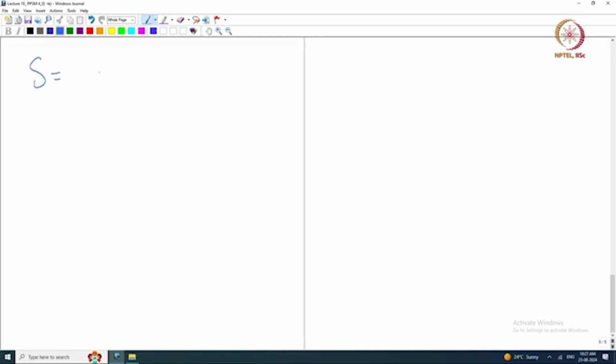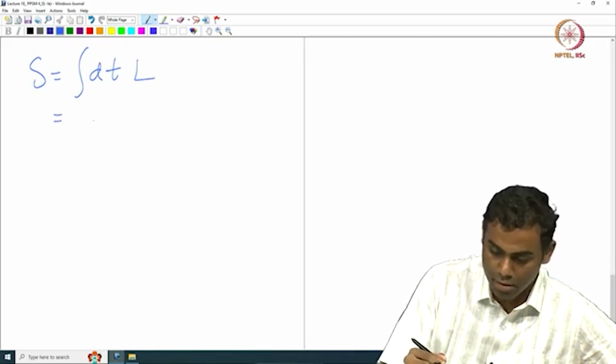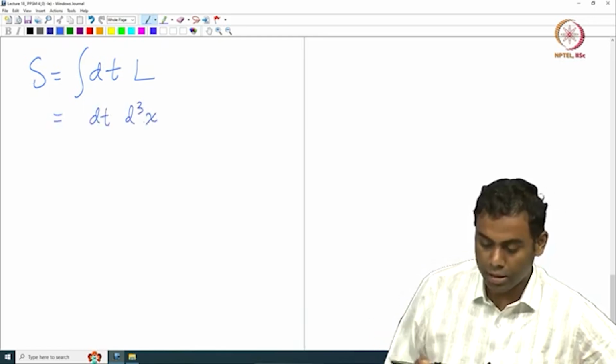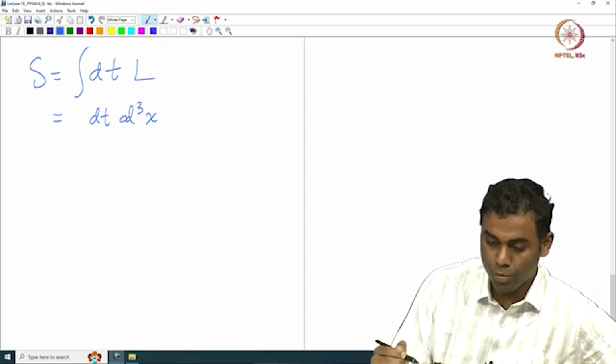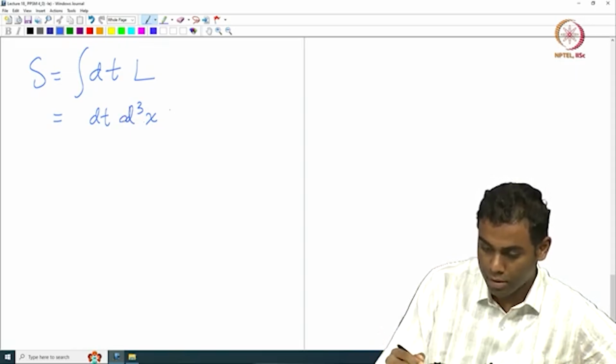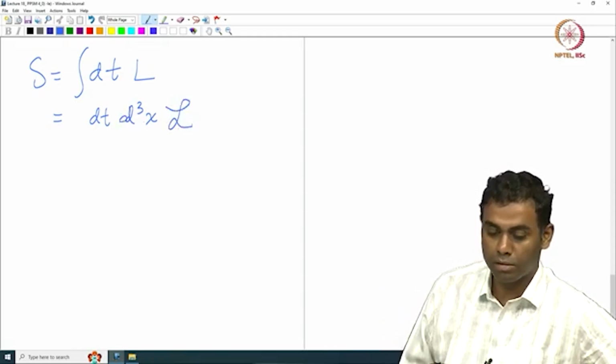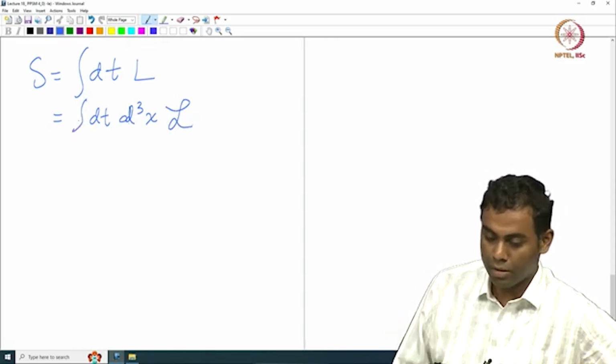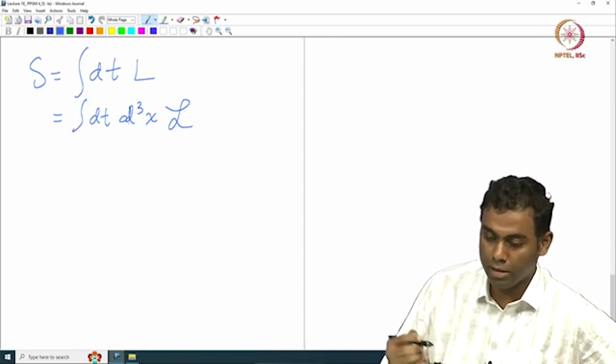So what was the action? It was this, right? I can write the Lagrangian as an integral of the volume element times this curly L. Okay, so this should tell you what this curly L is.